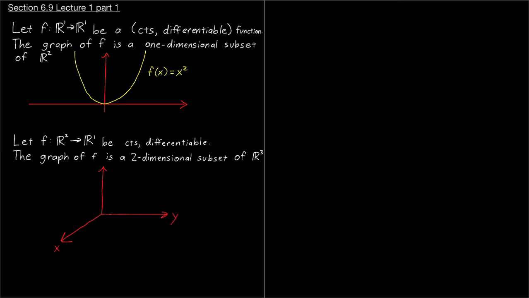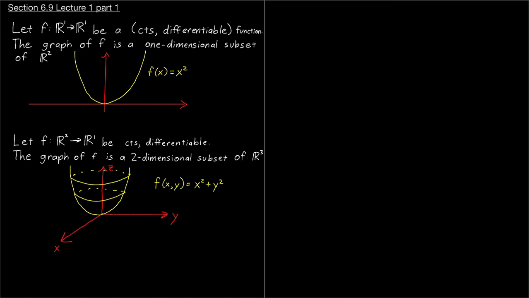So let me sketch an example of a 3-dimensional graph for you. Here's x, here's y, here's z, and here is the graph of, let's say, f of x, y equals x squared plus y squared.